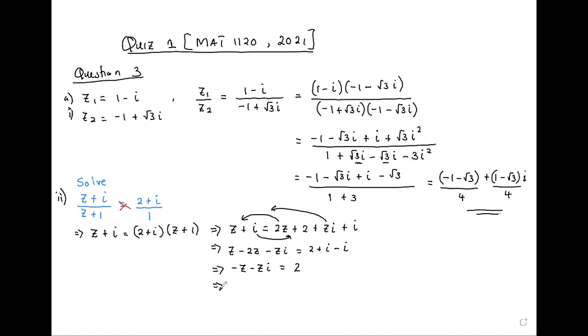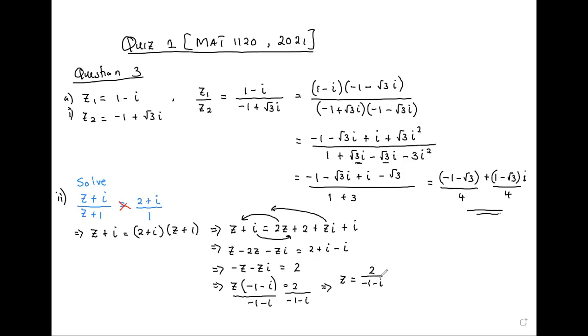Remember, we're solving for Z, so factor out Z, and then we'll remain with negative 1 minus I is equal to 2. Then we divide by negative 1 minus I. So what we have now is Z is equal to 2 over negative 1 minus I.